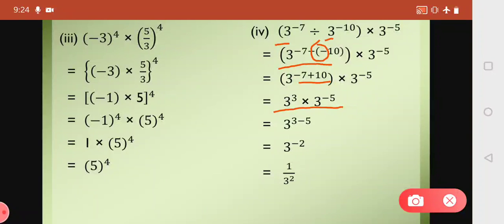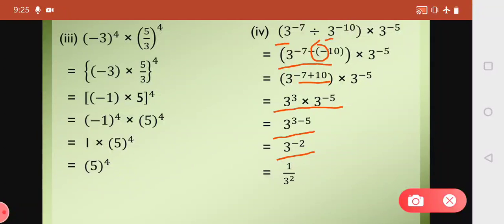Again you can see that we can apply the law of multiplication, that is same base with different powers, when multiplied, powers are added. So we write 3^(3-5). Here we have to add the powers, so 3 plus -5 gives 3 minus 5. That is 3^-2.